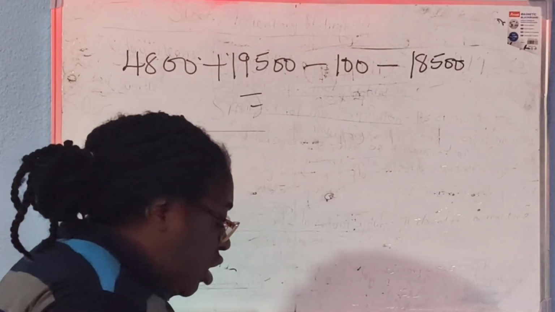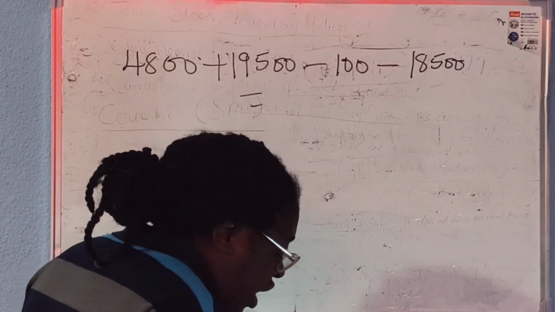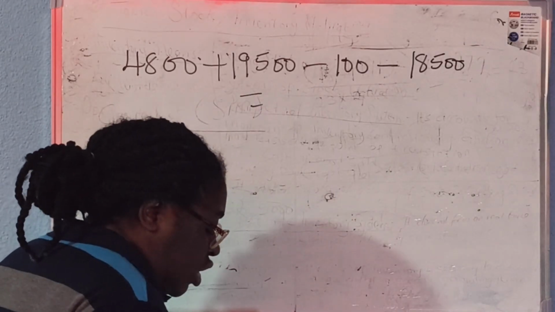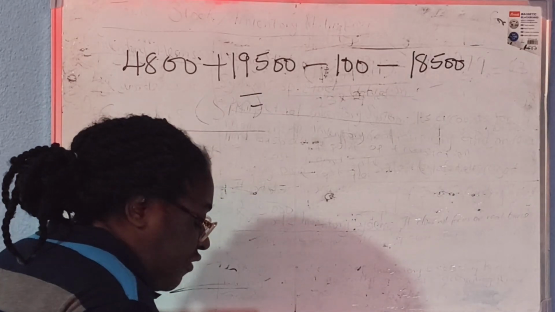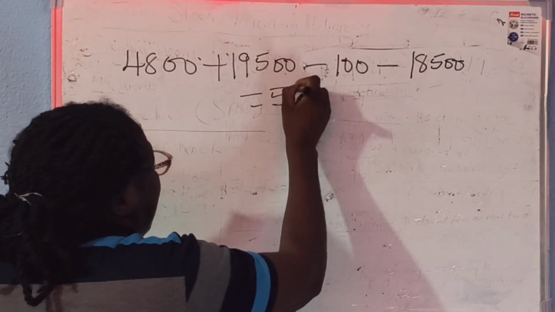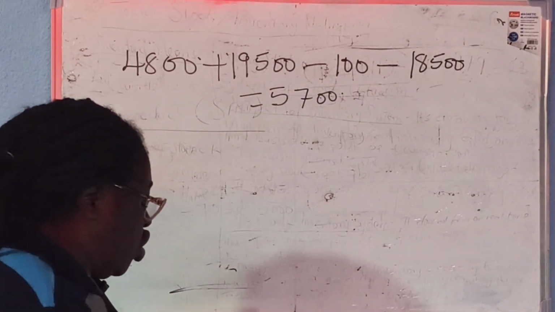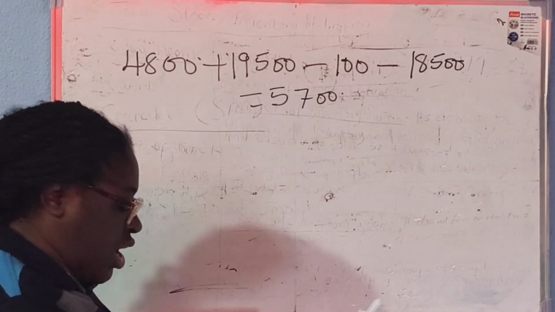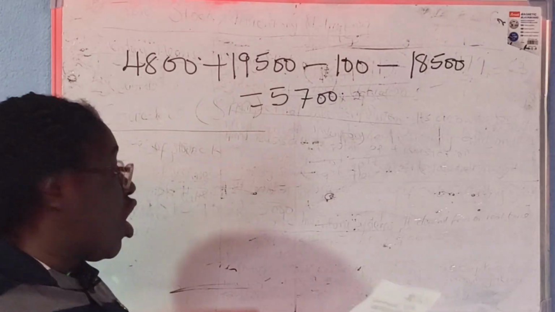You find out that you are supposed to be left with a total of 5,700 units. But the closing stock is 5,650.